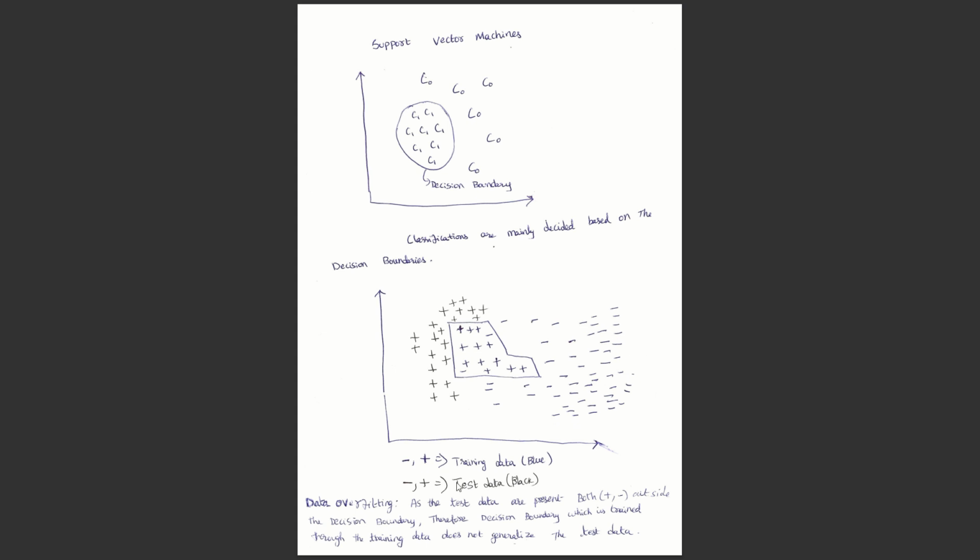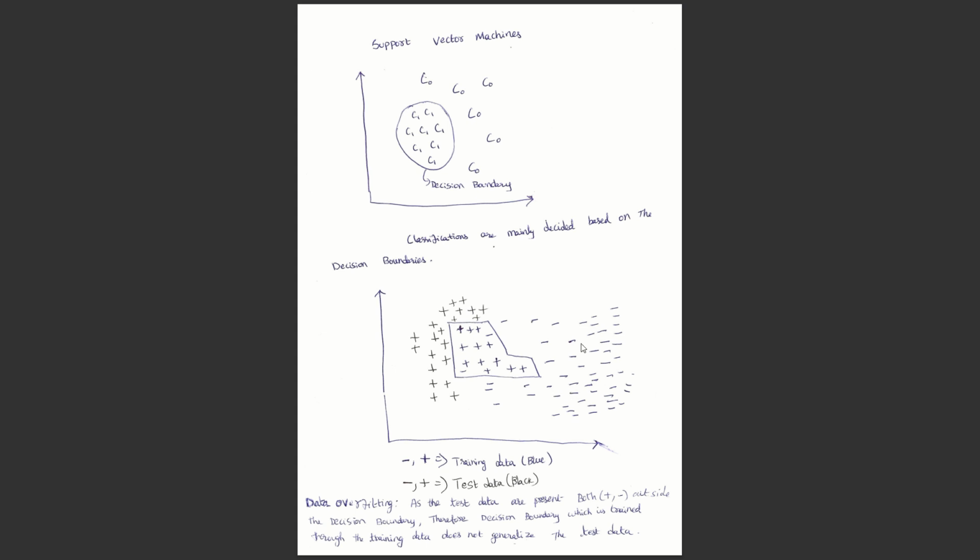And you can see the test data represented in black. You can see the majority of the test data positive customer reviews are present outside the shape. Therefore, it does not fit into this model exactly. This is defined as data overfitting, as the test data are present outside of this shape, positive and negative.